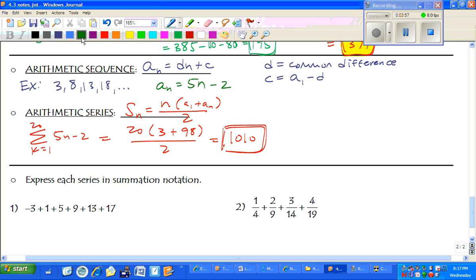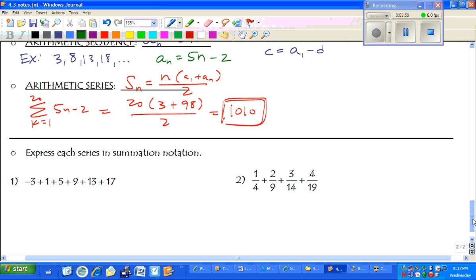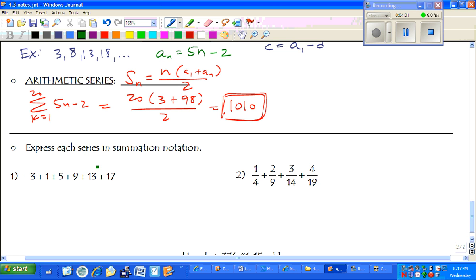Last thing we're going to look at today, 1 and 2 down at the bottom. Basically, we want to express these series, if they're being added, as a sum in sigma notation. For this one, number 1, we need to look at this. We do have an arithmetic sequence. If we just look at the numbers, negative 3, 1, 5, 9, they have a common difference.